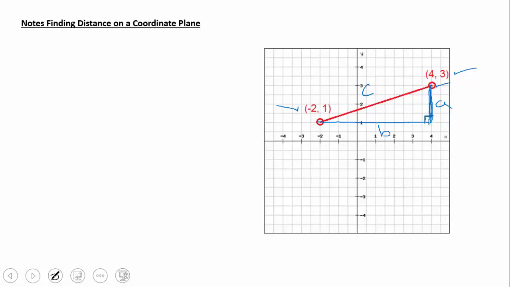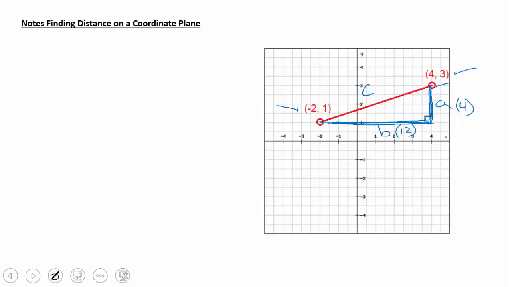That's going to be side length A. And if I count that, 1, 2, 3, 4, that is 4. All right? And then I can do the same thing on the horizontal distance on the coordinate plane, and I can count the horizontal distance between -2, 1, and 4, 3. And I can go 1, 2, 3, 4, 5, 6, 7, 8, 9, 10, 11, 12. And that one is 12.